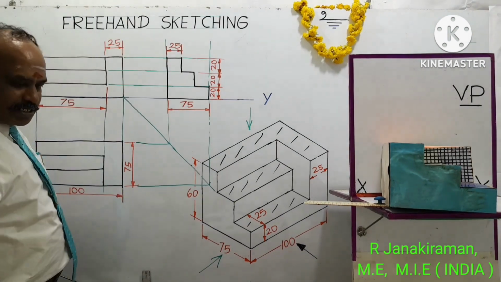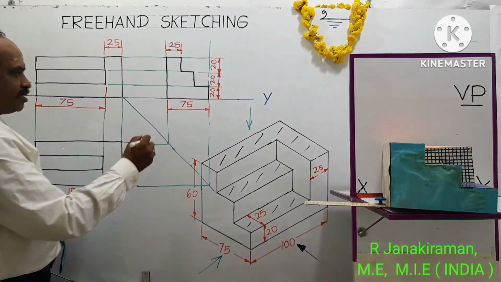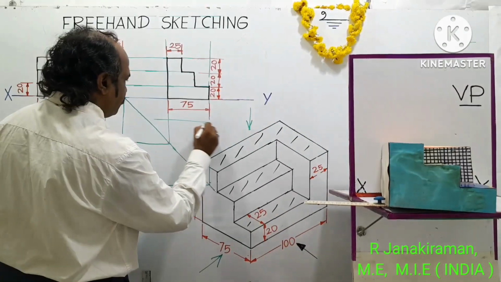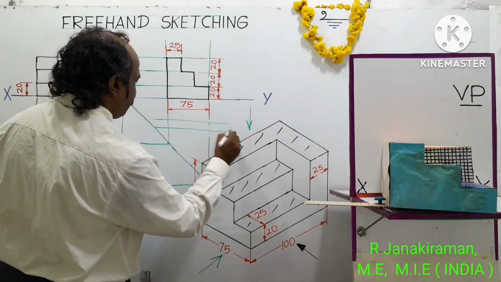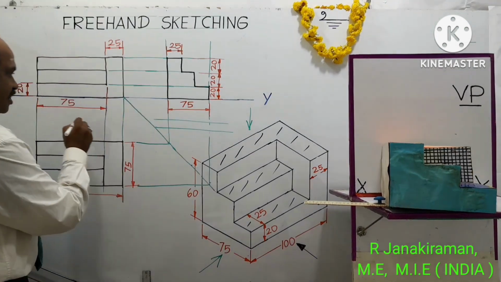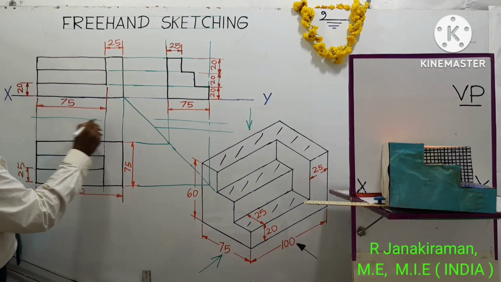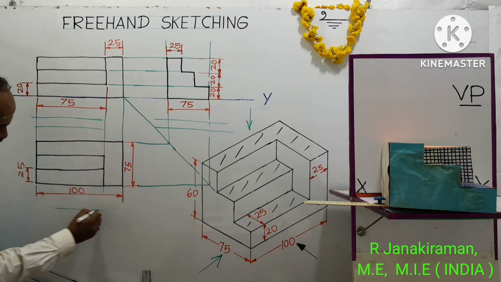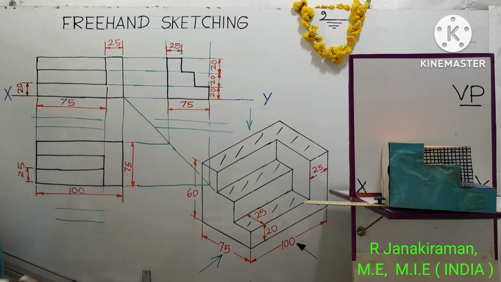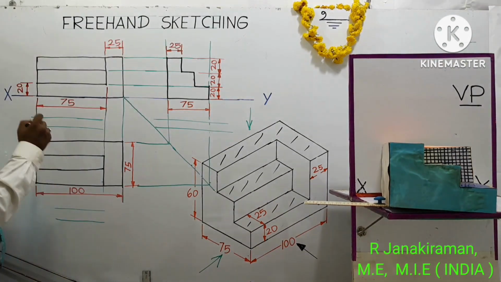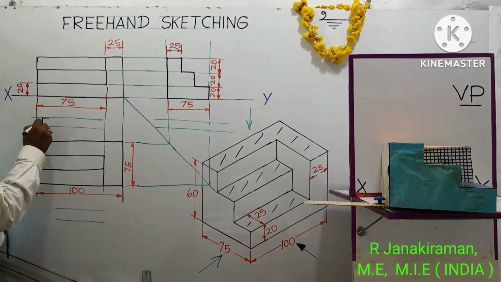So let us write the name of the diagram obtained. This is left side view. It shall be drawn on the right side of the front view. And this is elevation. Another name for front view is elevation. Top view. Draw guidelines for uniform height of letters. Using HB pencil, this is front view or elevation.